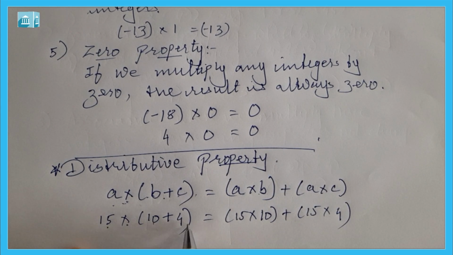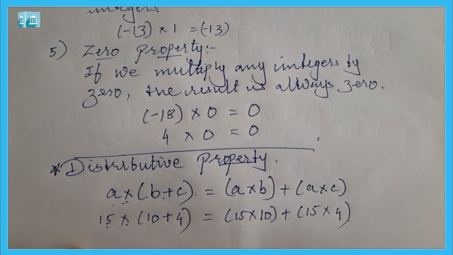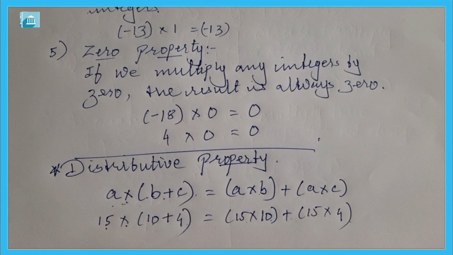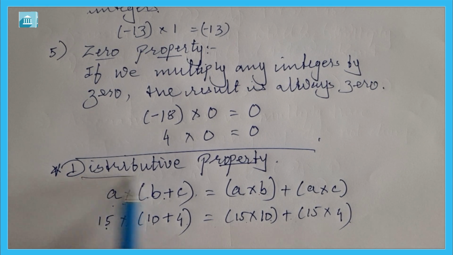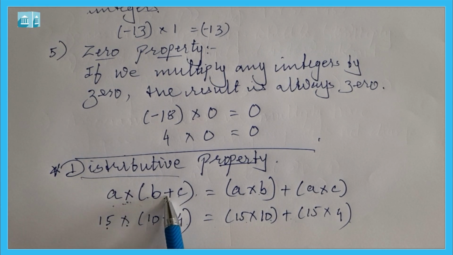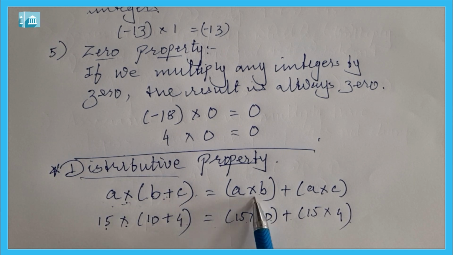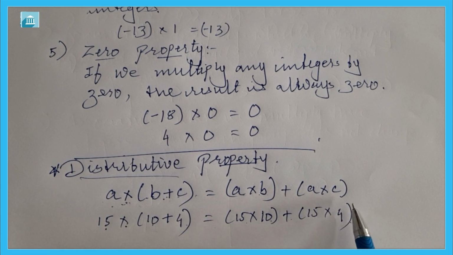A into B plus C is equal to A into B plus A into C. So these are the properties of multiplication of integers: closure property, commutative property, associative property, multiplicative identity, and zero property. The last one is the distributive property of multiplication over addition.